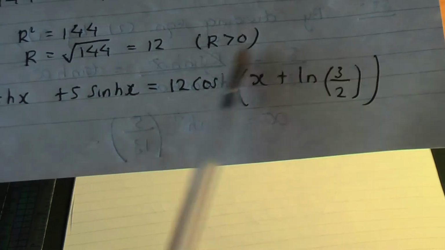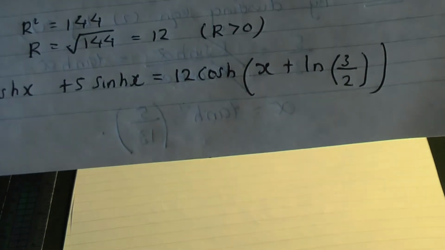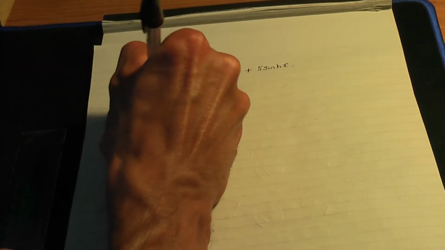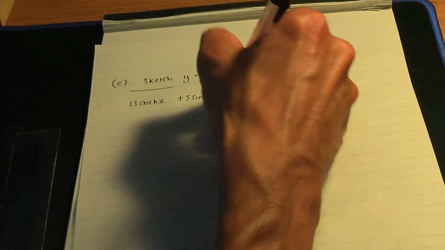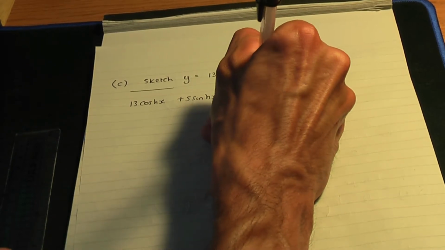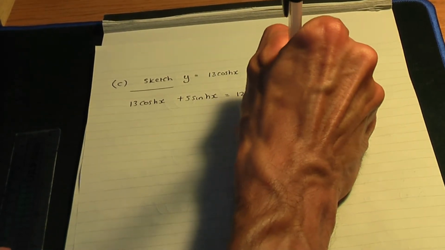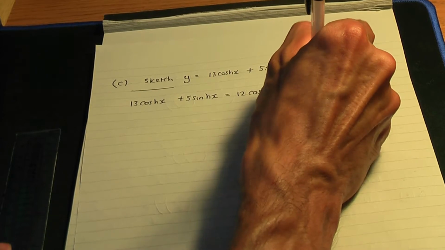I'm going to use this answer to help me with the sketch in part C. Remember, in part A, we wrote it as 12 hyperbolic cos (x plus ln 3 over 2).